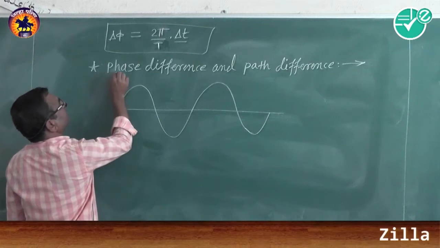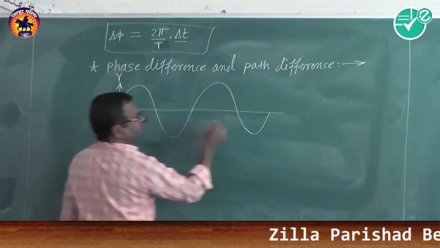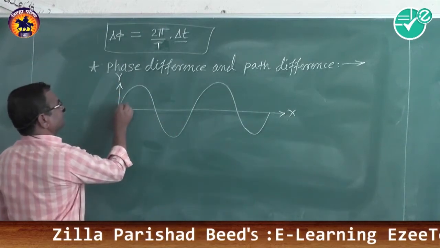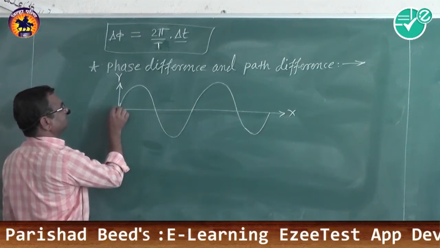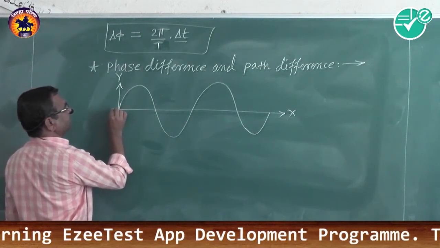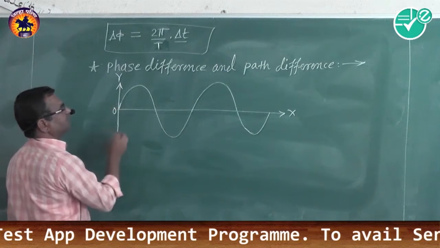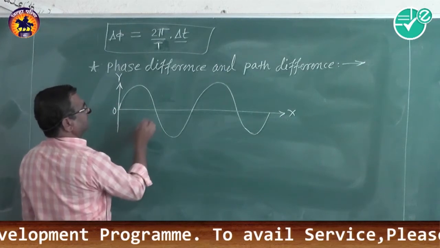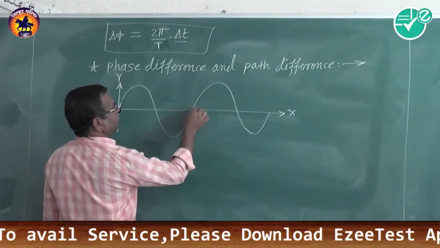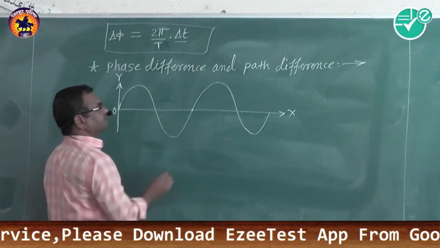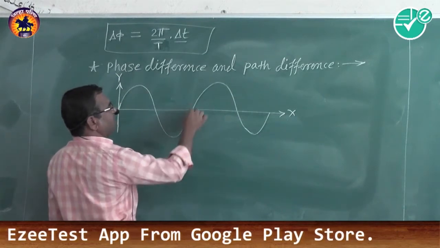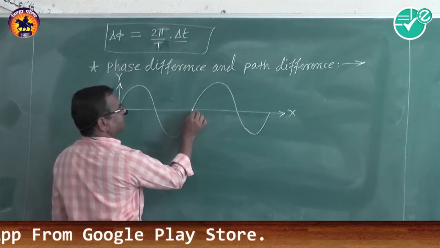This is the y-axis and this is the x-axis. We consider this point as the origin, O. Then this is the one complete wave, having wavelength at that point.